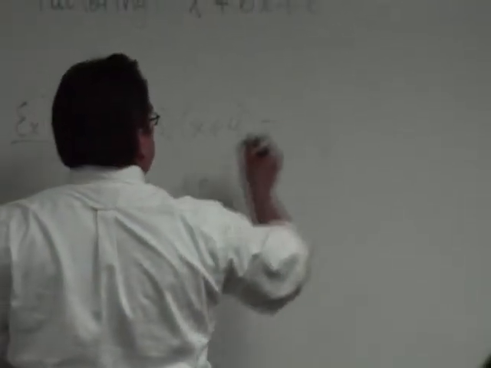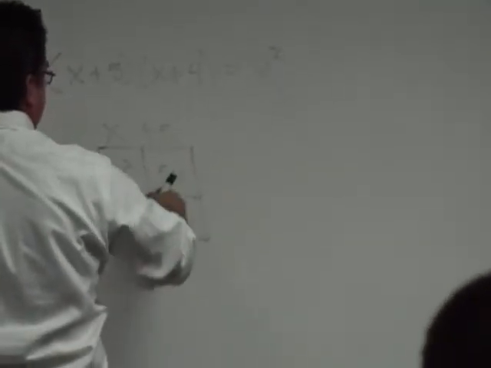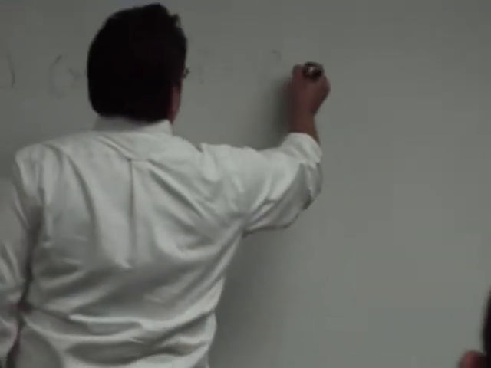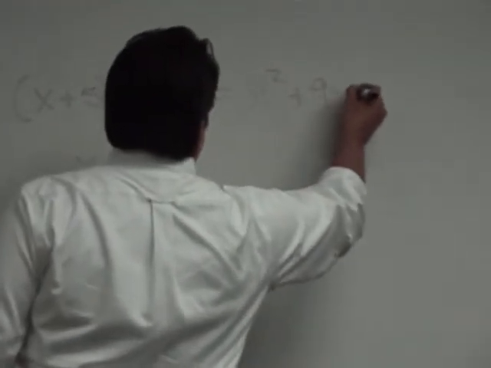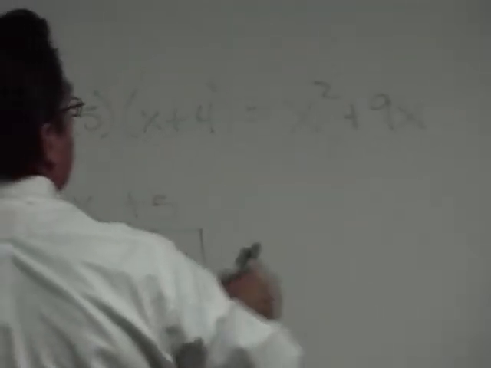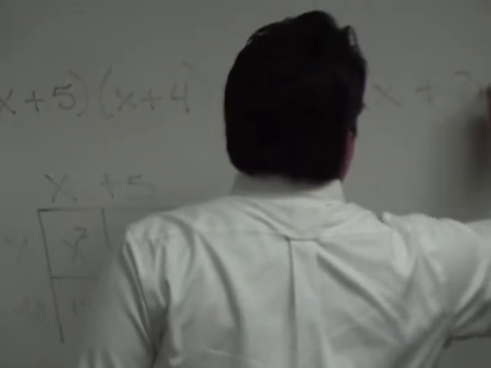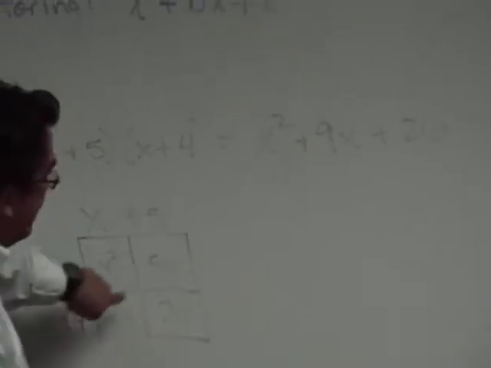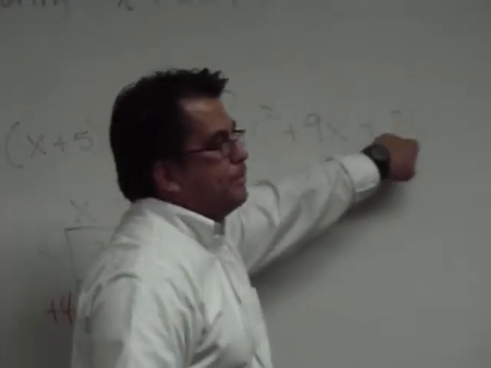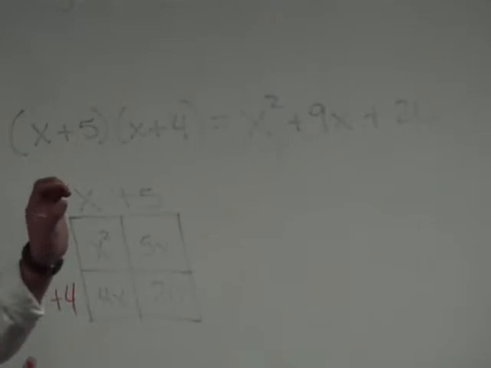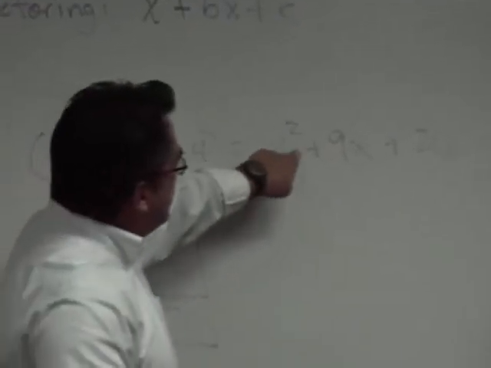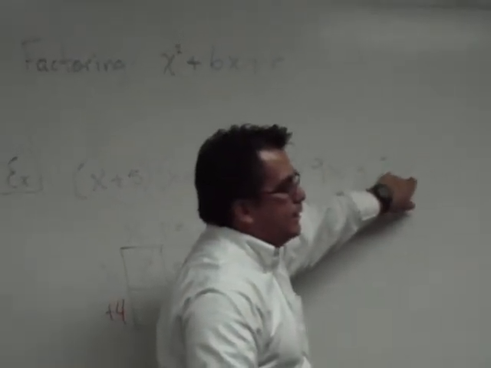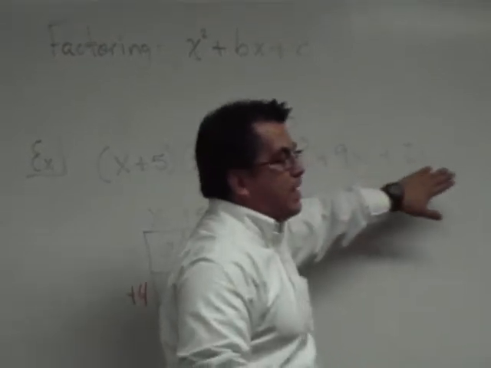It would be x squared plus 9x plus 20. All right. We have all the terms here that give us this trinomial. What matters to me is that you're able to see where each of these components came from in the box.